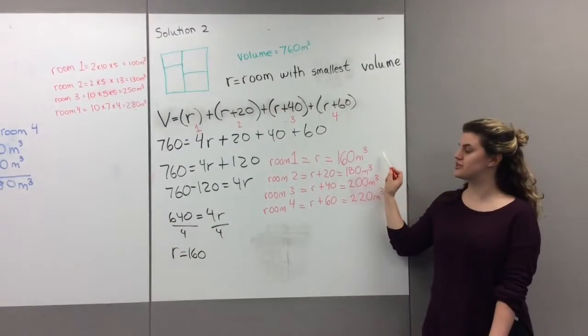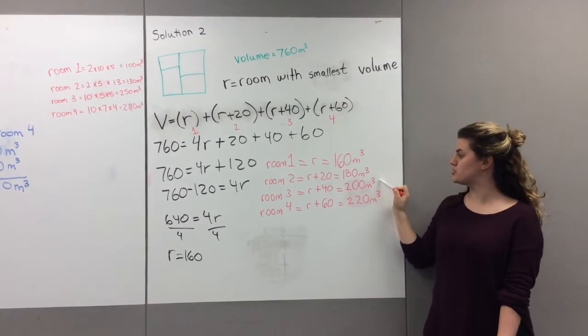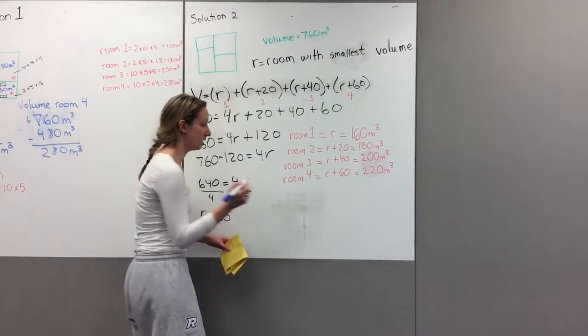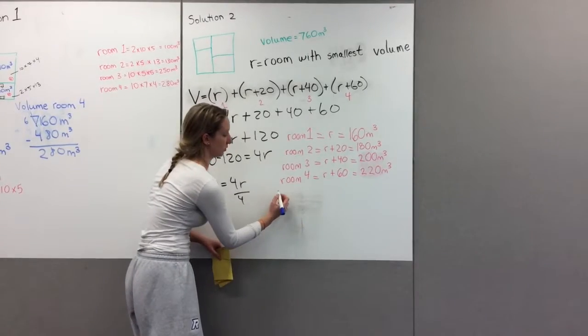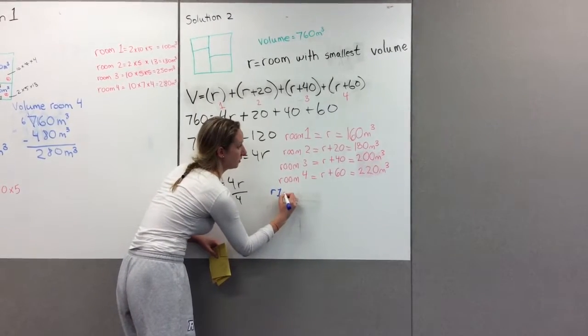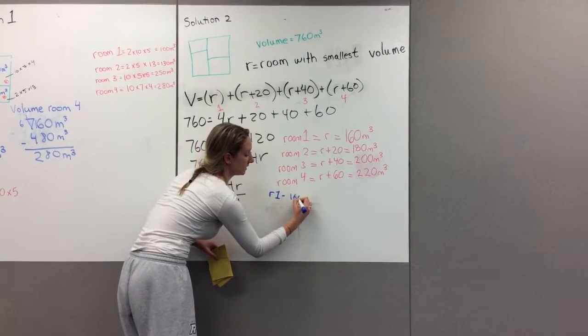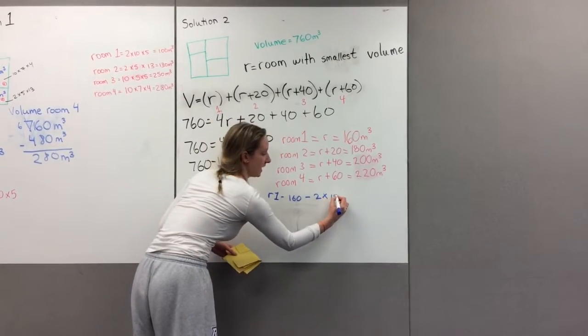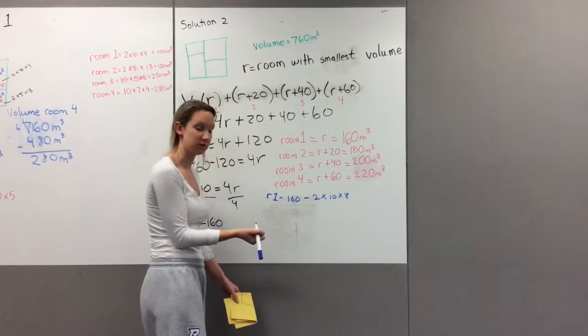As you can see here, there's a difference of 20 meters cubed between each of these rooms. Similar to how we solved solution number 1, we were able to find the dimensions for each room. Room 1 was 160, so we found that 2 times 10 times 8 would be the dimensions for that room.